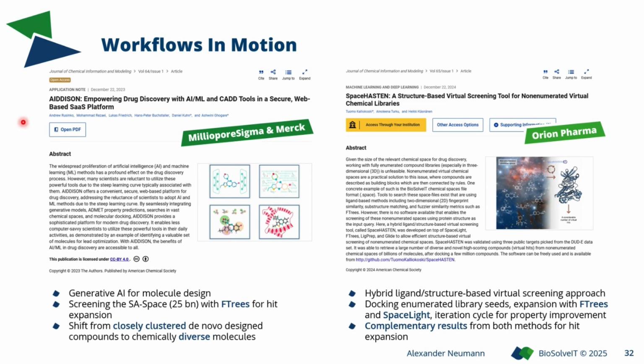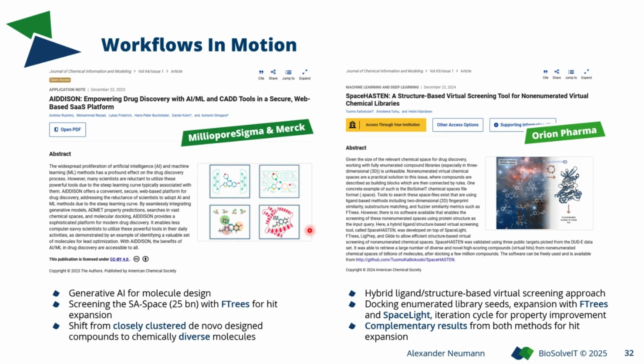So ultimately, what Millipore Sigma and Merck did in a collaboration, they created the Edison platform for the generation of compounds that can be synthesized and purchased as a service. So you can just go to Millipore Sigma, select your PDB, and let the whole workflow generate compounds.